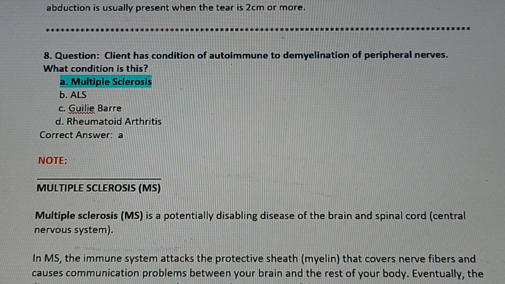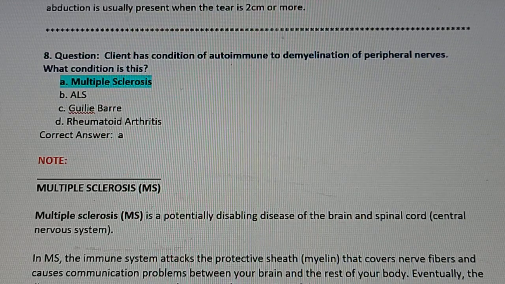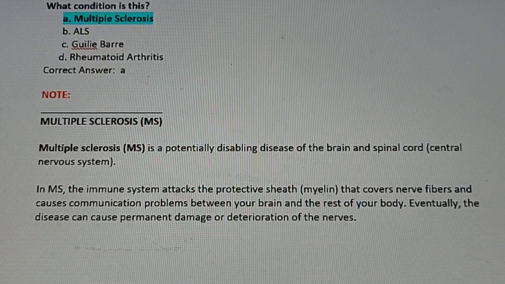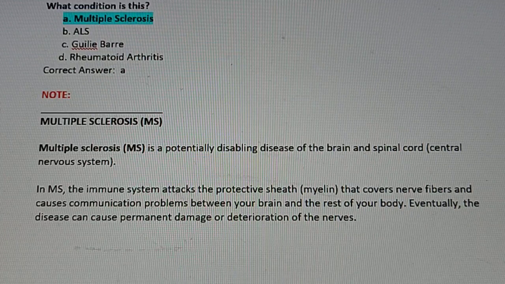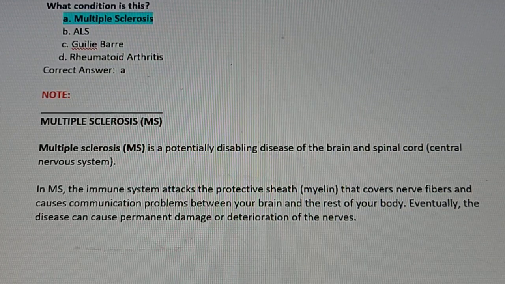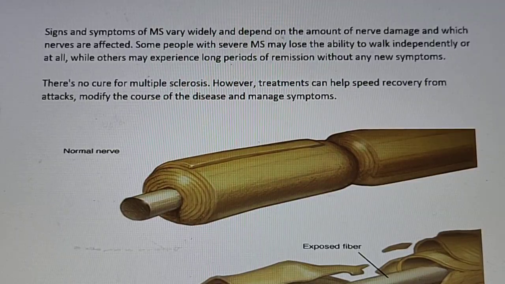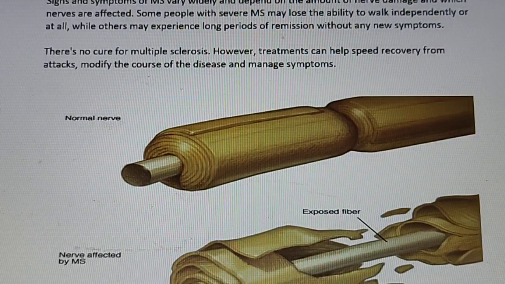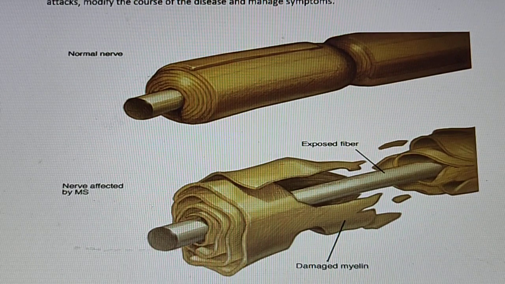So I have here a note, and that will explain everything here on the choices. For the multiple sclerosis, here you go. This information is about multiple sclerosis or the MS. Just read on this. We have the multiple sclerosis as well, additional information, and how it looks like, the nerve, as you can see in this picture.